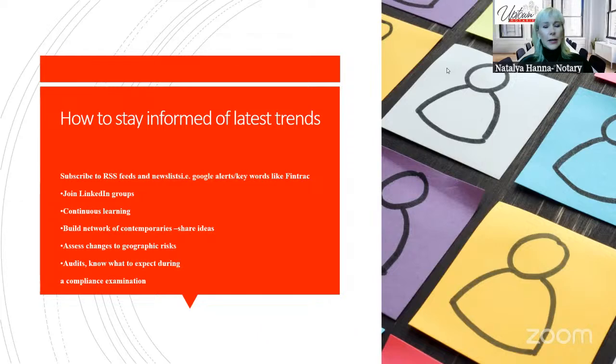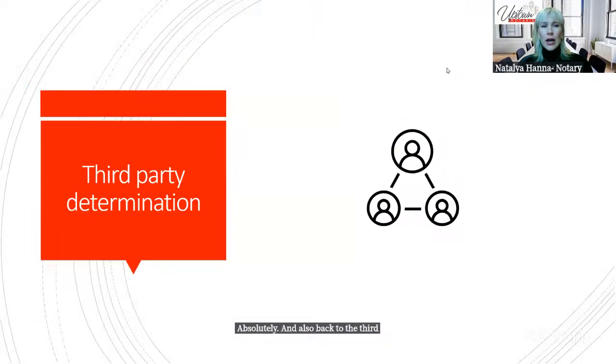Absolutely. And back to the third party determination, I wanted to add that sometimes there will be employees giving instructions. If that's the case, it's still considered that they're acting on behalf of a third party.